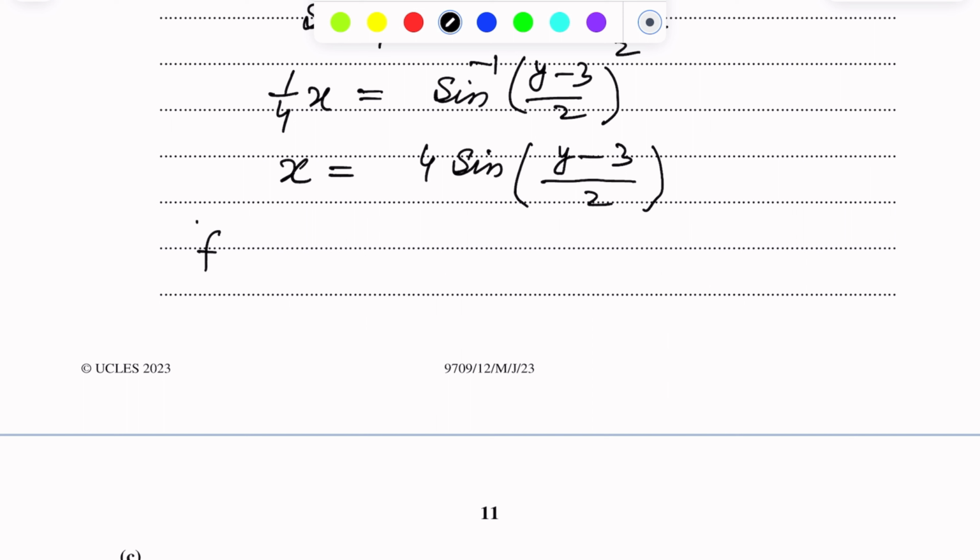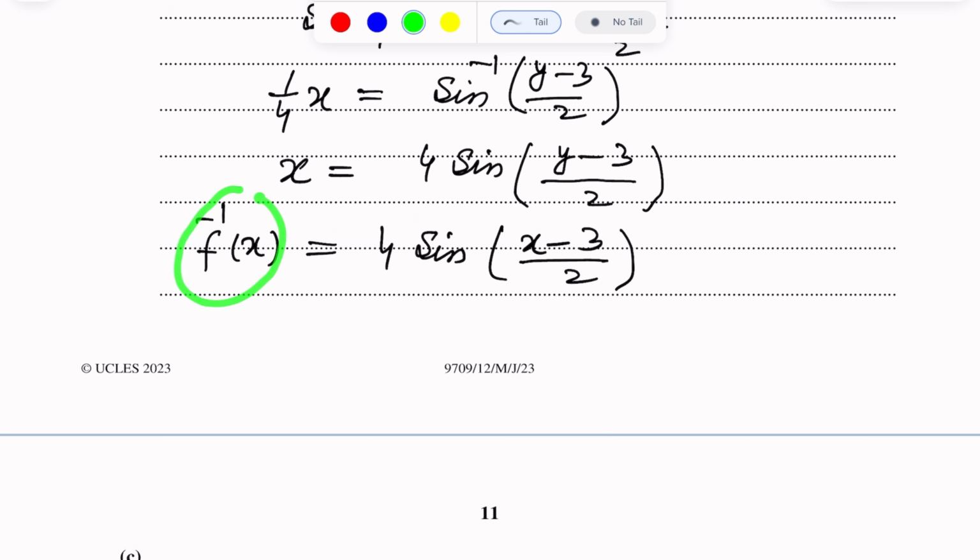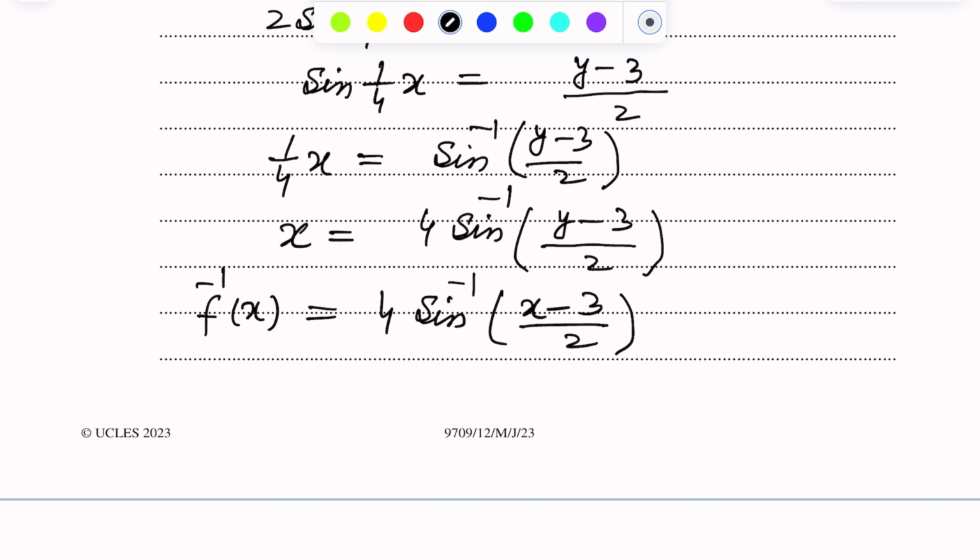So f inverse x is equal to 4 sine inverse (x minus 3)/2. This is the inverse of the function.